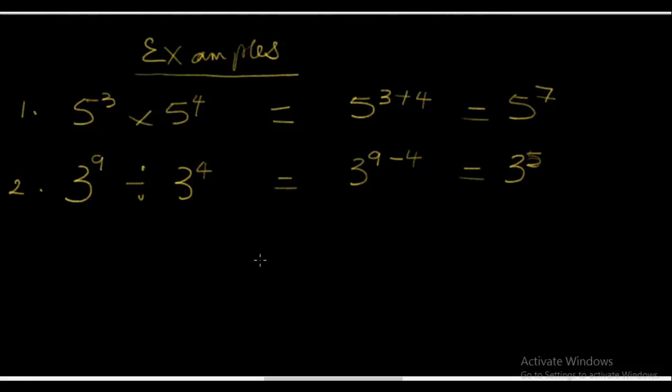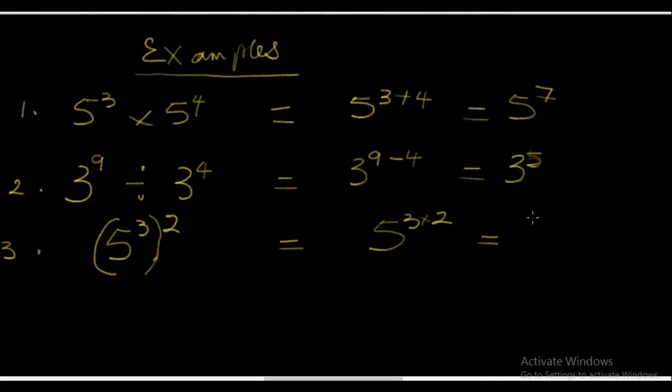Now example 3: 5 raised to the power 3, in brackets, raised to the power 2. This is the same thing as writing 5 raised to the power 3 times 2, which is 5 raised to the power 6.